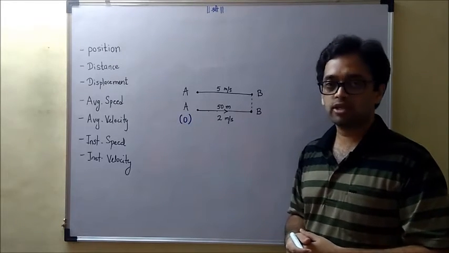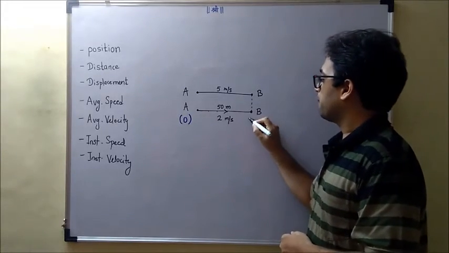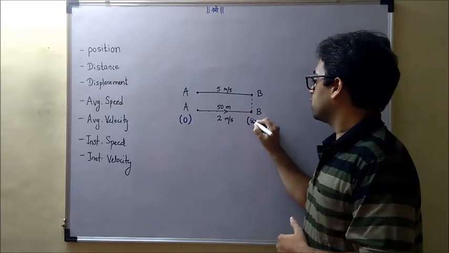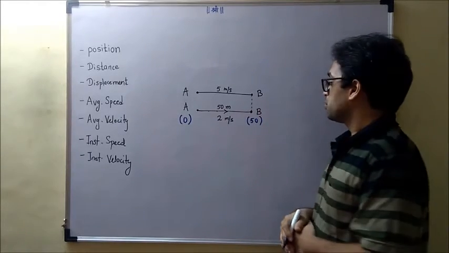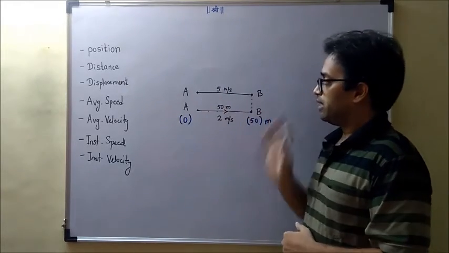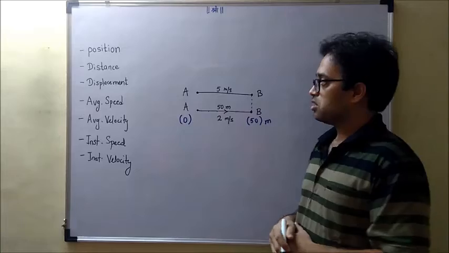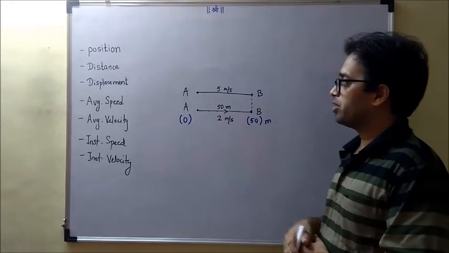But this being a 1D motion, only 0 is sufficient. For B, obviously it will be 50 meter, because it is at a distance of 50 meter. So for B, the position is 50 meter, and for A, position is 0 meters. This being a very simple numerical, these are the only two position coordinates we have.